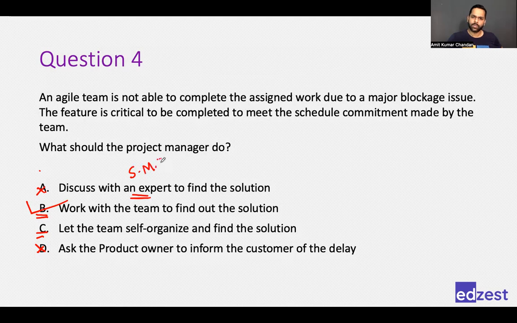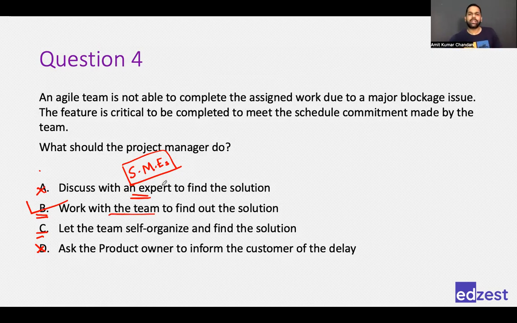In that case, most of the time I have to consult my subject matter expert, could be a technical architect or someone like that. So if an SME was there in the option, what would your thought process be: whether I go with the SME or still try to figure out the solution within the team?